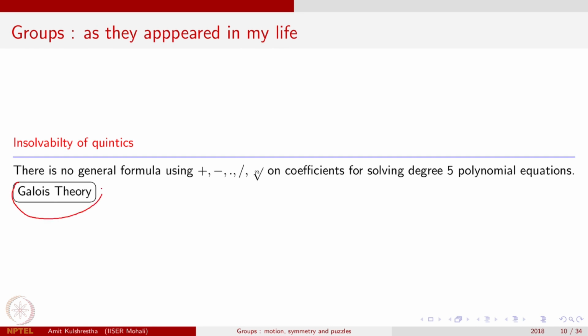One very important aspect of Galois theory is what is called insolubility of quintics. It says that you cannot have a formula which uses these symbols. This is addition, subtraction, multiplication and division, and this is called radical. Radical is square root, cube root, nth root.